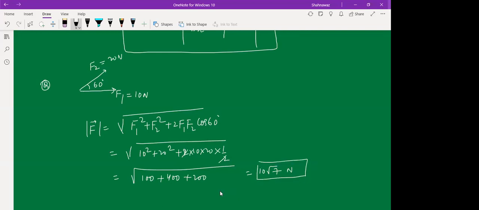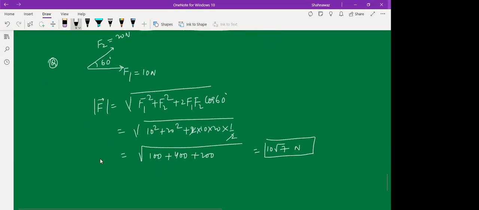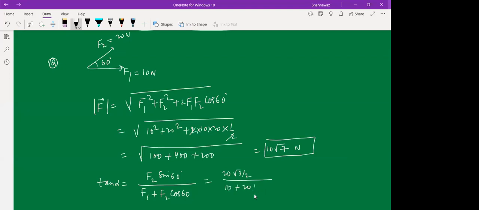And what would be the angle? The angle would simply be B, which is F2 sine 60, by A, which is F1 plus F2 cos 60. So this is F2 is 20 root 3 by 2, by F1 is 10 plus 20 times half.